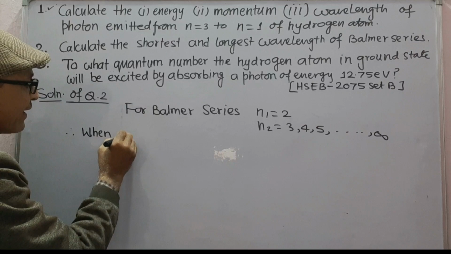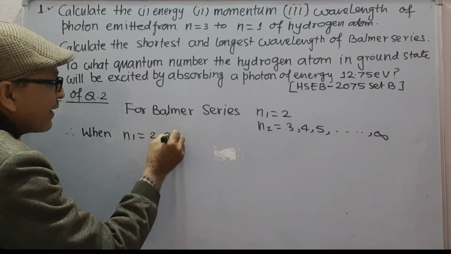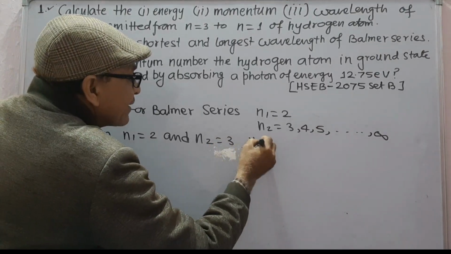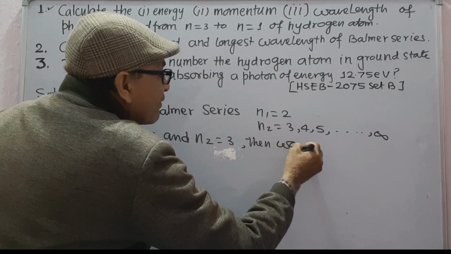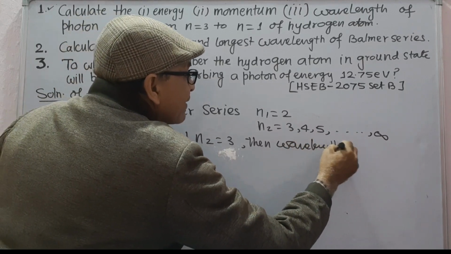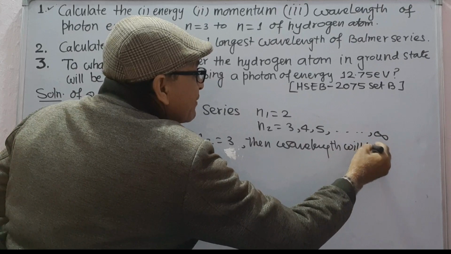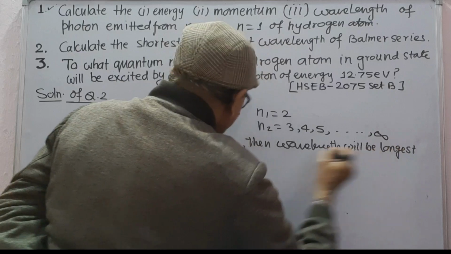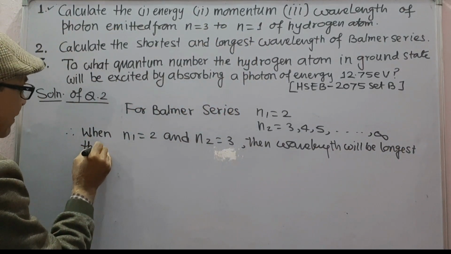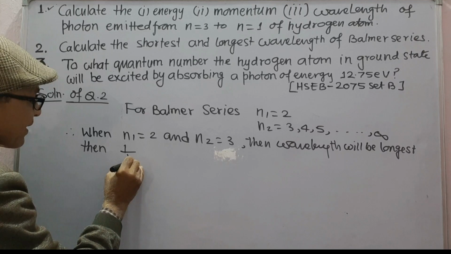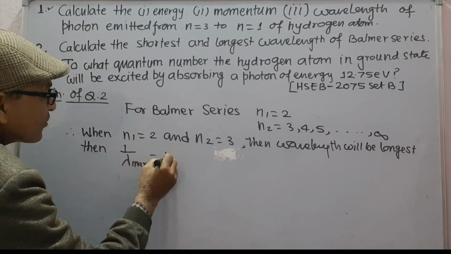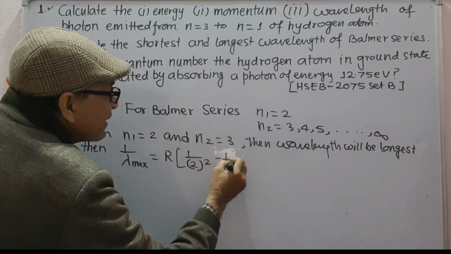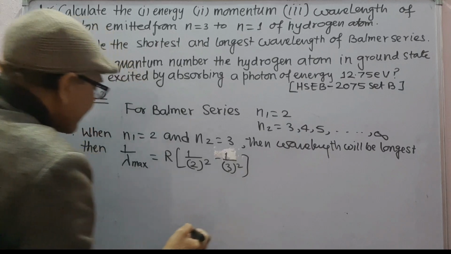So when n1 is 2 and n2 is 3, then wavelength will be longest. Then 1 upon lambda, longest or maximum, will be equal to Rydberg constant into 1 upon 2 square minus 1 upon 3 square.